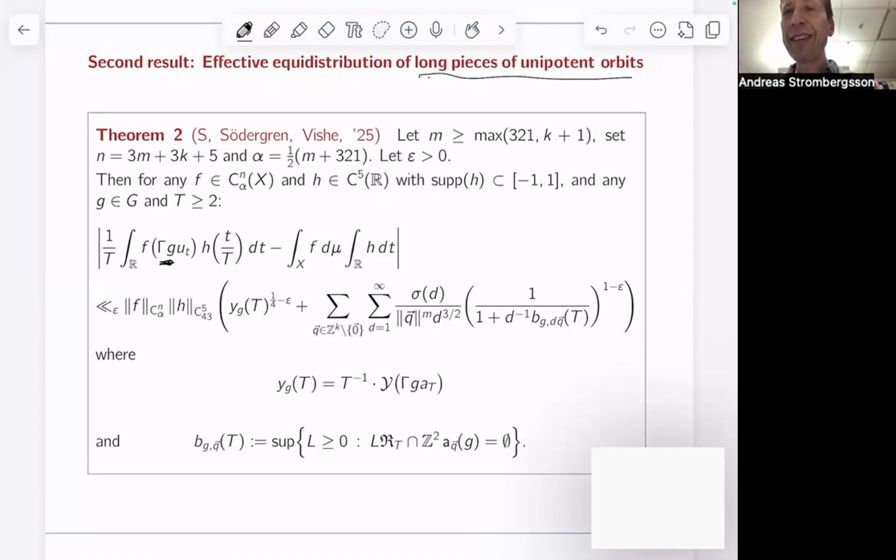So here we have to consider a smooth ergodic average, but to first digest the statement, you should pretend that H is a characteristic function of the unit interval, say.